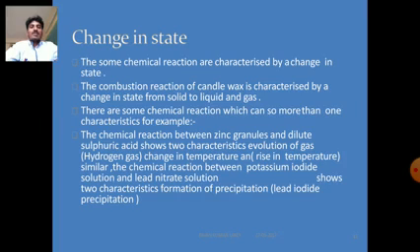For example, the chemical reaction between zinc granules and dilute sulfuric acid shows two characteristics: evolution of hydrogen gas, and a rise in temperature. Similarly, the chemical reaction between potassium iodide solution and lead nitrate solution shows two characteristics: formation of a precipitate and change in color.